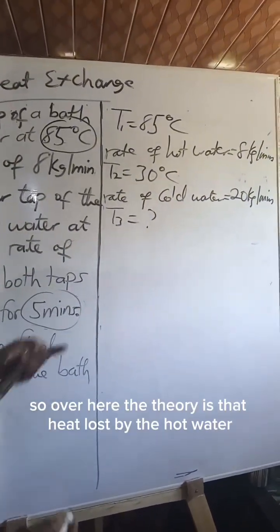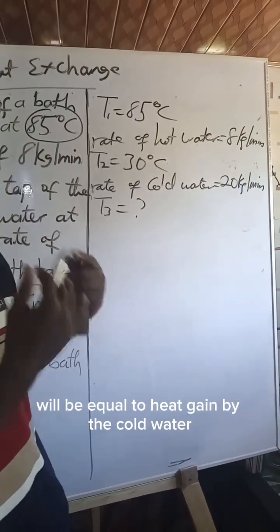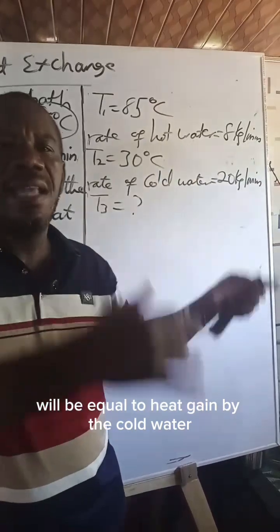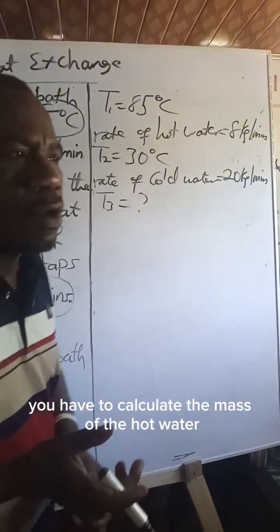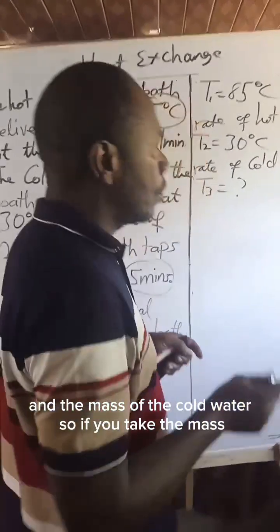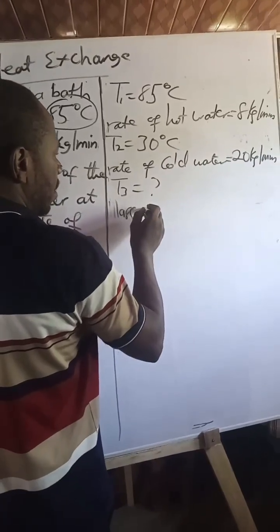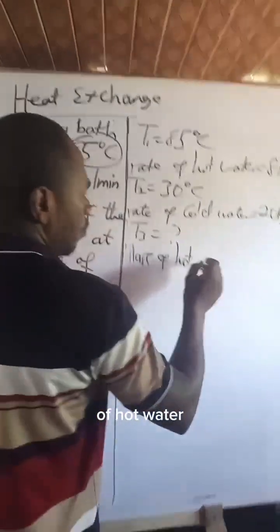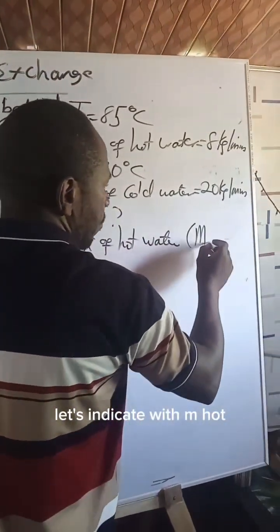So over here, the theory is that heat lost by the hot water will be equal to heat gained by the cold water. So first you have to calculate the mass of the hot water and the mass of the cold water. If we take the mass of hot water, let's indicate it with M hot.